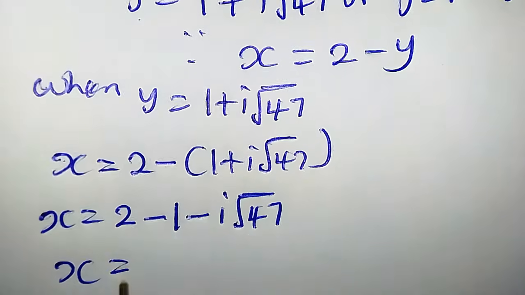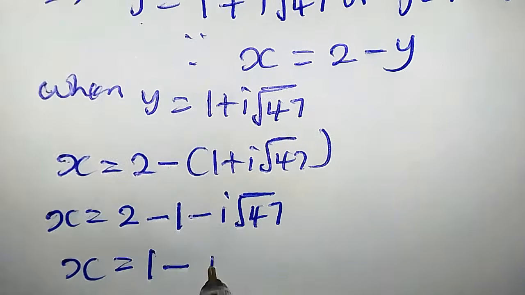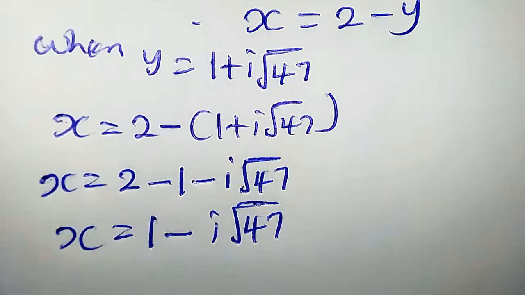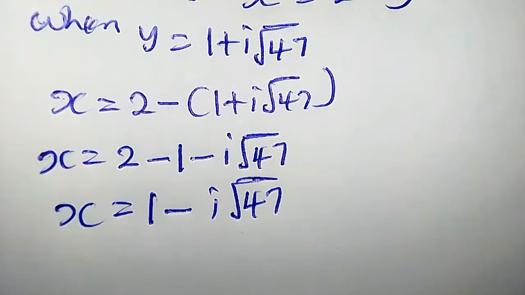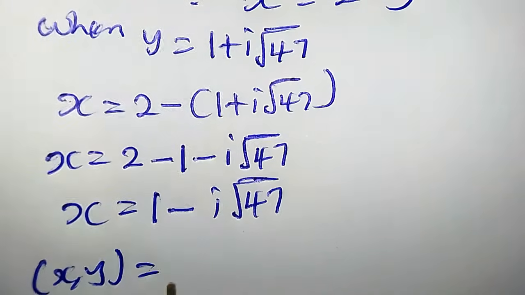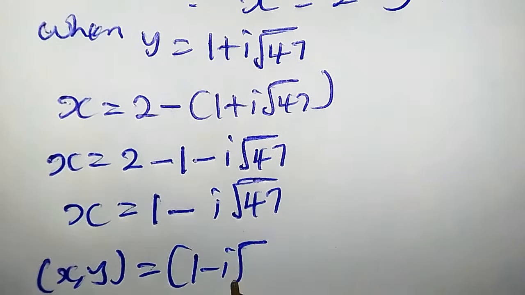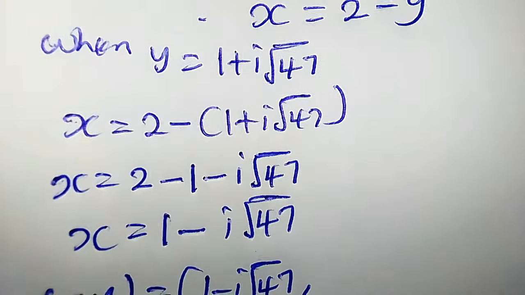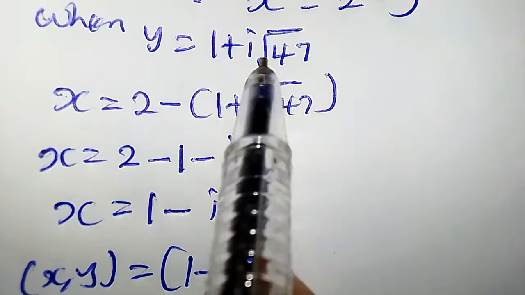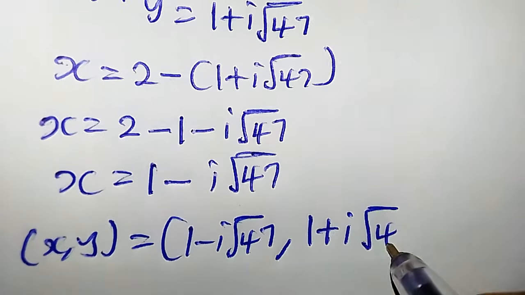So x equal to 2 minus 1, that is 1, minus i times square root of 47. So the first solution, x comma y, is equal to, our x is 1 minus i times root 47, comma, and the value of y is this, 1 plus i times root 47.